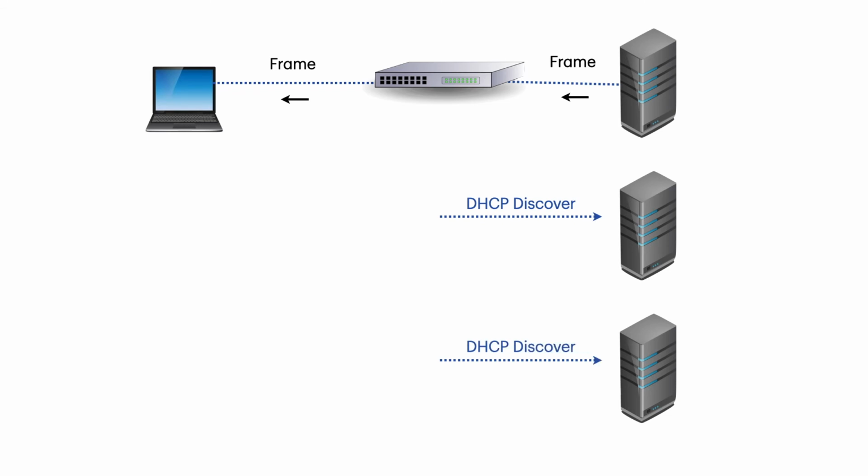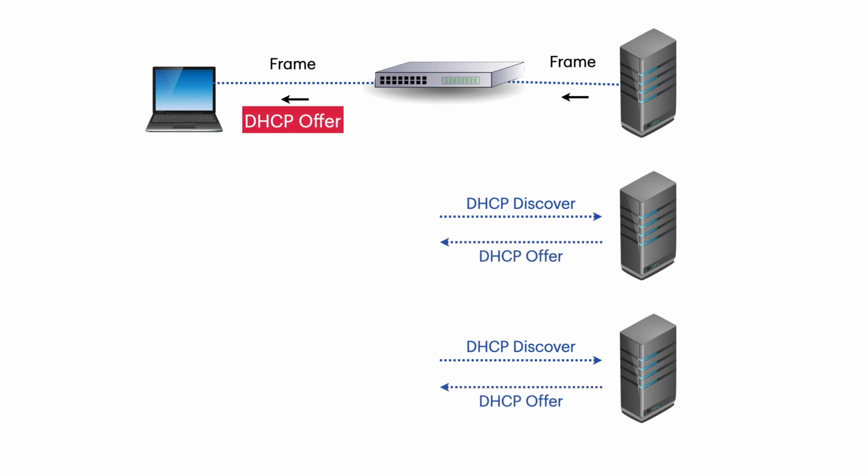In such a case, the DHCP client can receive multiple offer messages. Typically, the DHCP client accepts the offer which it receives first. However, if the client does not receive any offer message in response to the discover message, the client times out and retransmits the discover message.